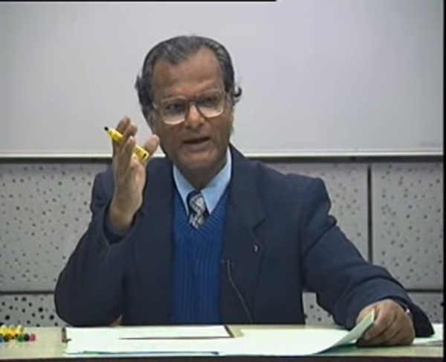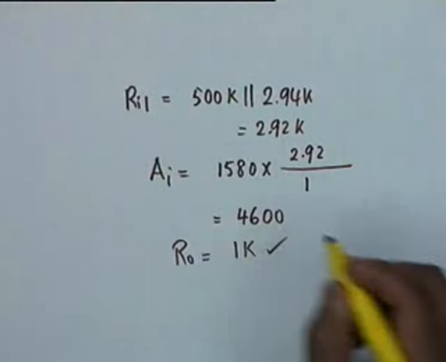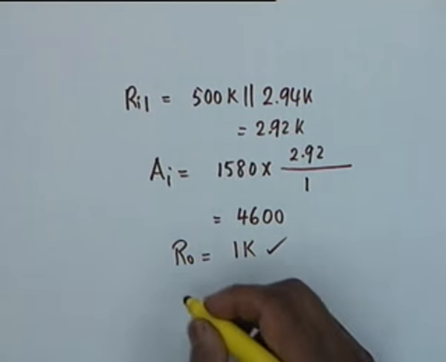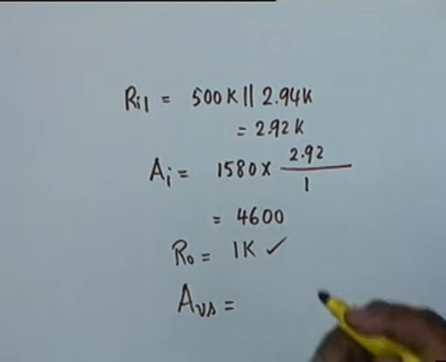If you want to parallel it with something, it would be small r subscript small o, not GM, because this is a common emitter amplifier. Don't make this mistake of 1K parallel 1K, because the load now sees, therefore the load is the master. You can't absorb the load in R sub C, no, it refuses, because you are calculating what the load sees. Alright, so R0 is 1K, if we ignore small r0, and then you can calculate AVS as AV multiplied by Ri divided by Ri plus Rs.